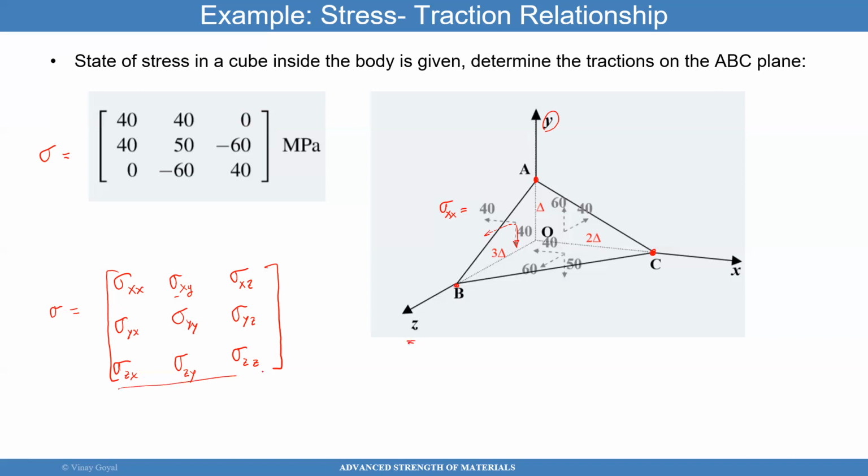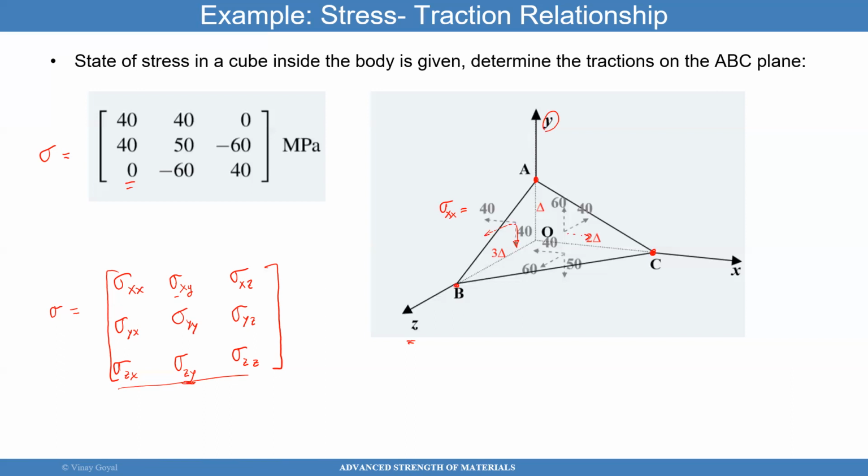I'm actually looking at this face right here, the Z face. So sigma zx, let's look at what I wrote there. Sigma zx is zero, so that's why I didn't plot anything going that way.